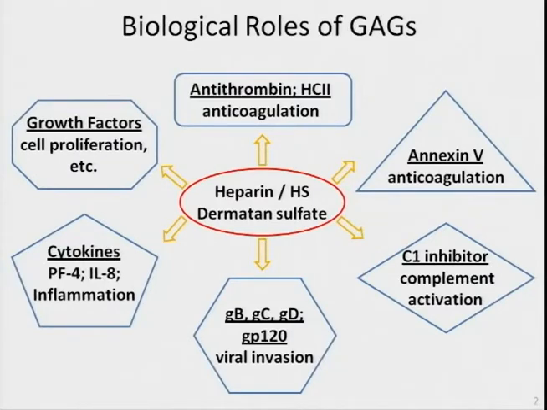Platelet factor 4 and interleukin 8 are two that we're really interested in, and that one of our other principal investigators is actively researching. And also growth factors, cell proliferation, etc. These would be fibroblast growth factors, vascular endothelial growth factors, and the like.